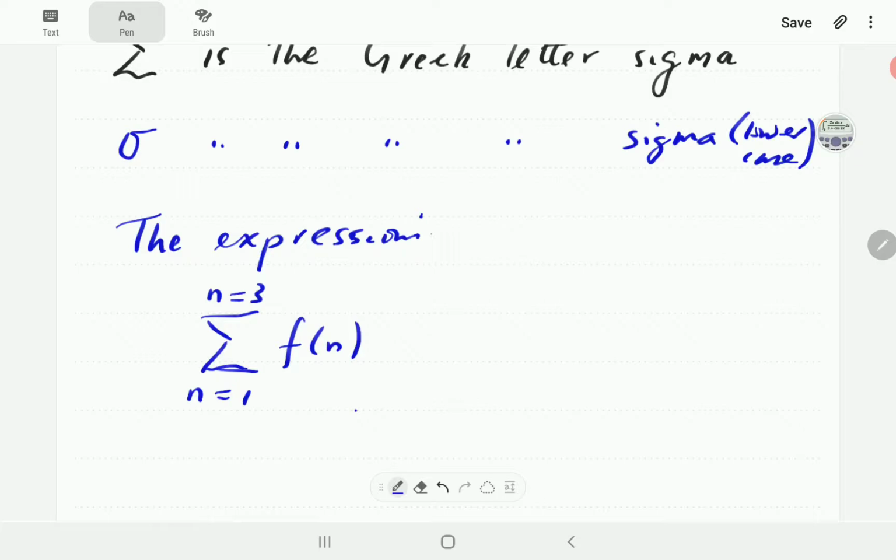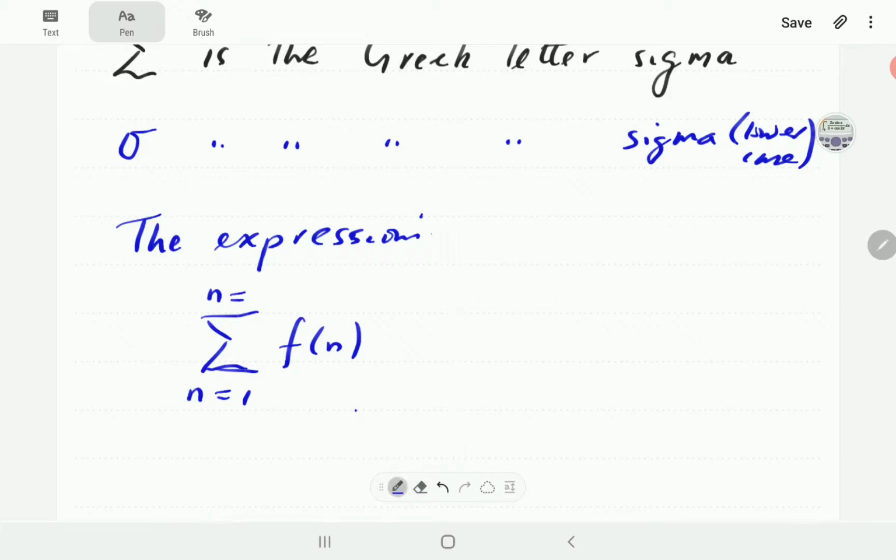Okay, what this expression is saying is add up all values of f for n running from 1 to 3 inclusively, taking all integer values in between, so going from n equal to 1 to n equal to 3.